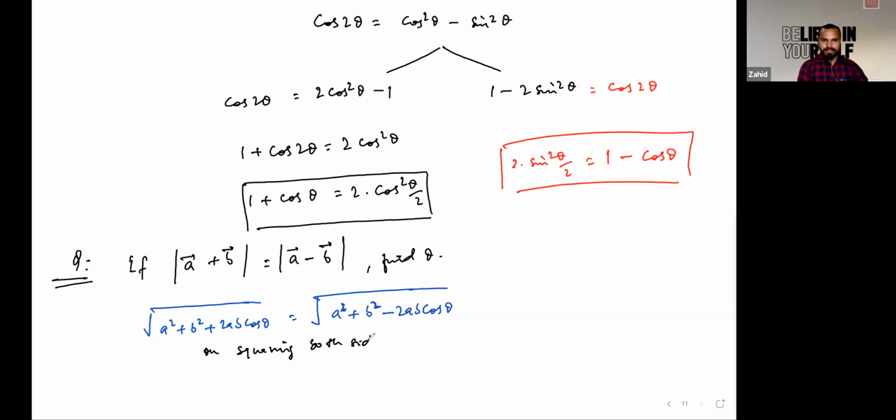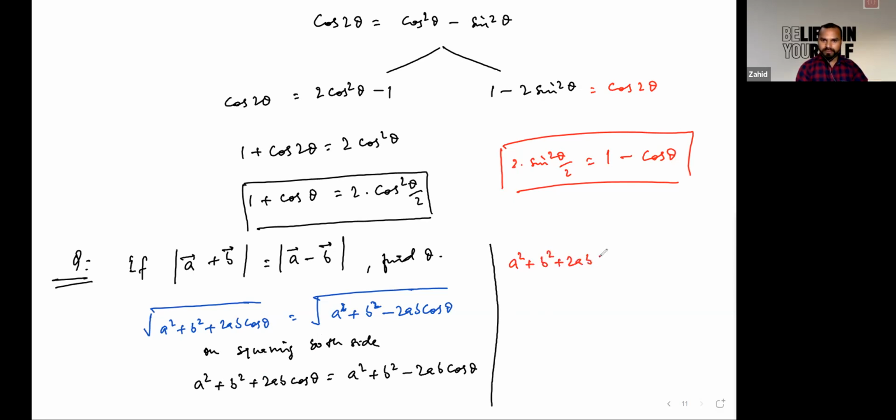On squaring both sides, you get A square plus B square plus 2AB cos theta on the left hand side, and A square plus B square minus 2AB cos theta on the right hand side. Now move all terms to the left hand side, you will get A square plus B square plus 2AB cos theta minus A square plus B square minus 2AB cos theta is equal to 0.